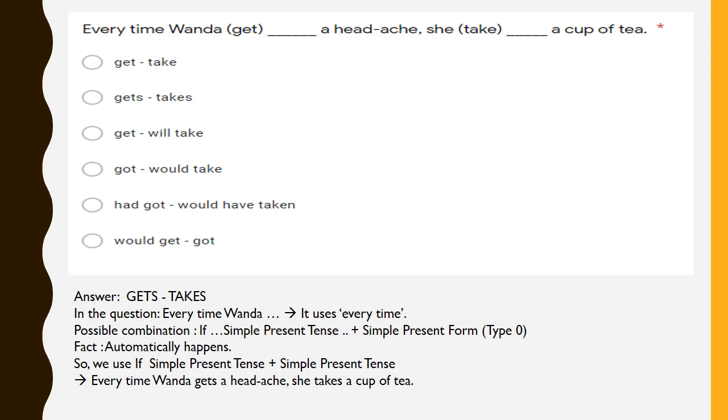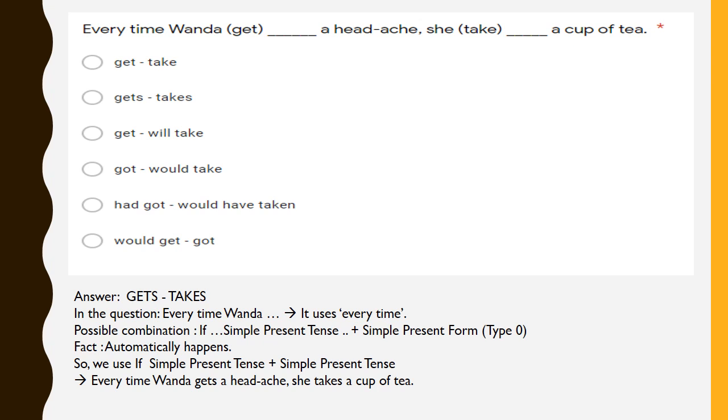Question: Every time Wanda gets a headache, she take a cup of tea. Answer: Gets, takes. In the question, it uses "every time".